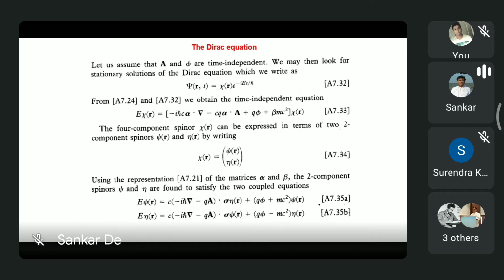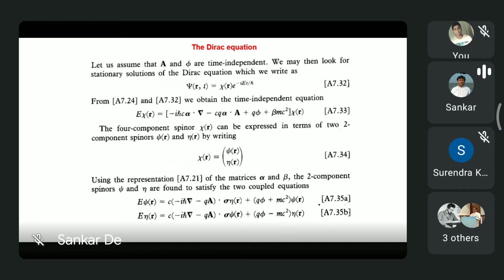And while solving it, from the Hamiltonian we got the energy term, and then we defined that a 4 component spinor chi can be expressed in terms of 2 component spinors, and then the solution becomes easier. And while doing that, we took the time independent and time dependent forms.